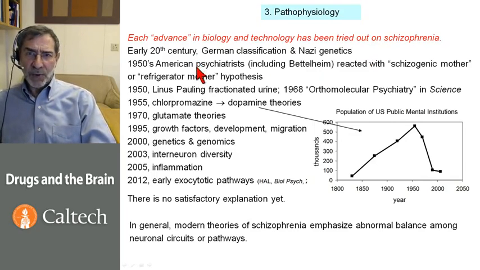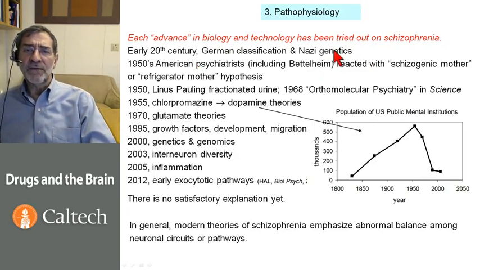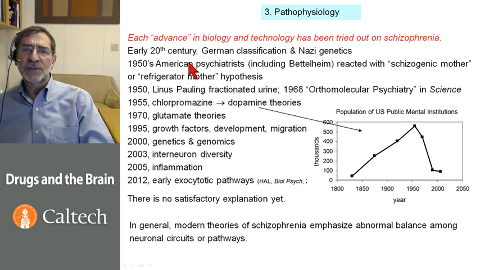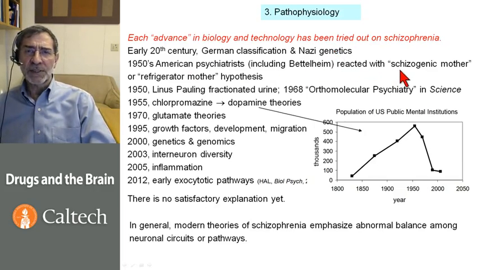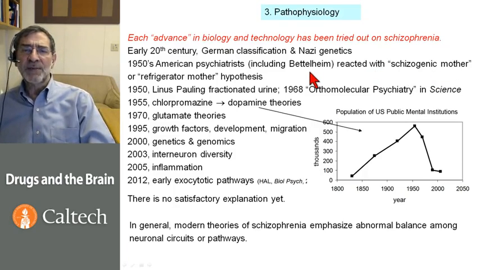As a reaction, in part, to this totally genetic view of schizophrenia, American psychiatrists formulated the so-called schizogenic mother hypothesis, in which it was all environmental, and the behavior of the mother led a child to have schizophrenia.